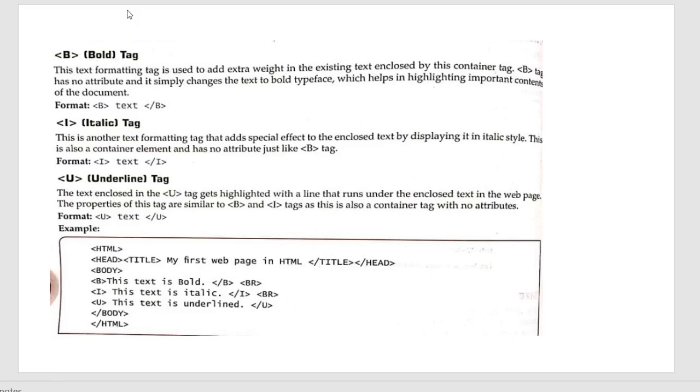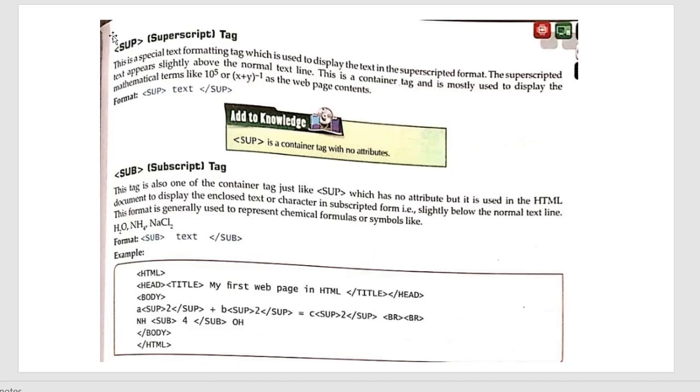B stands for bold, I stands for italic, and U stands for underline the text. After that, we discussed the SUP and SUB tag. SUP stands for superscript and SUB stands for subscript. Super means just above the baseline and sub means just slightly below the baseline.